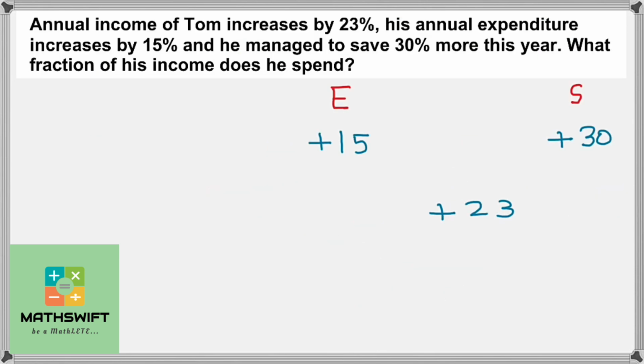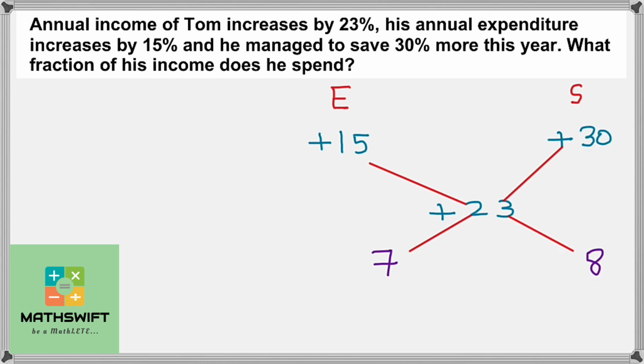If we were to solve this by the weighted average method, the difference between the percentage change in savings and that in income comes out to be 7 units, and the difference in the percentage change in expenditure and that in income comes out to be 8 units. So the ratio of expenditure and savings comes out to be 7 is to 8.